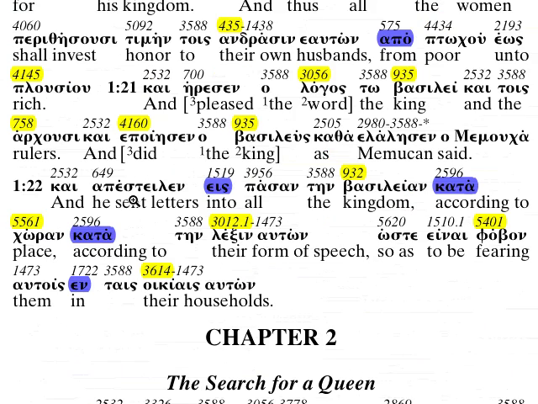And he sent letters is in two. Now there's not the epsilon nu, the n, but in two, and generally the is is in two.